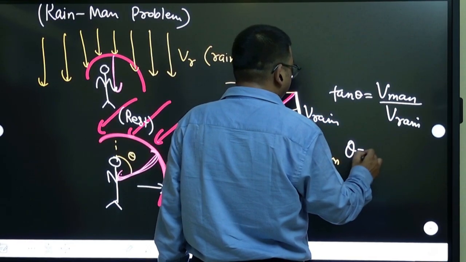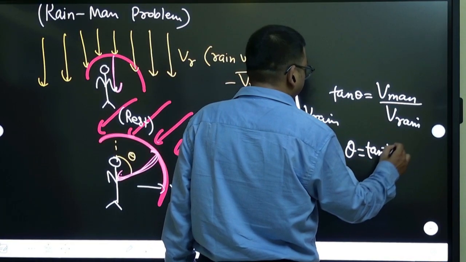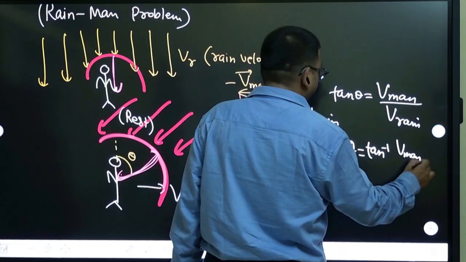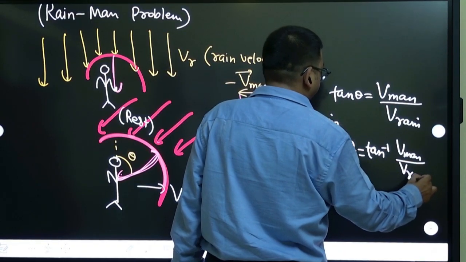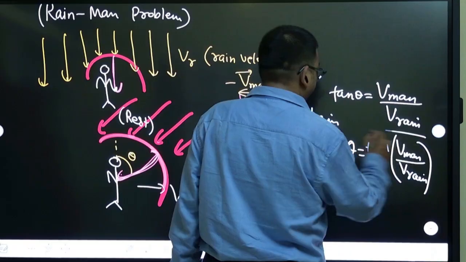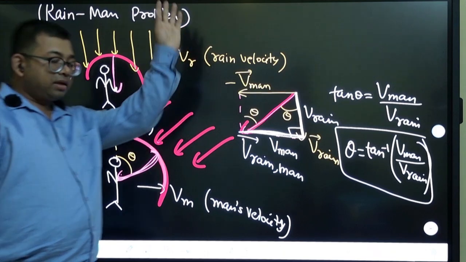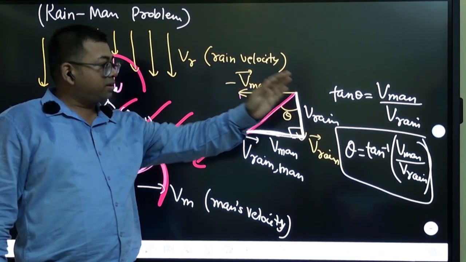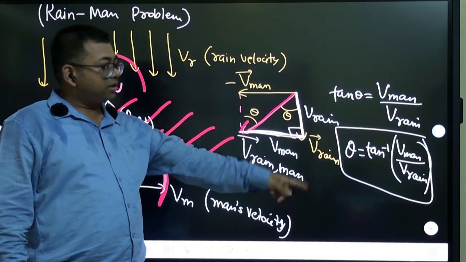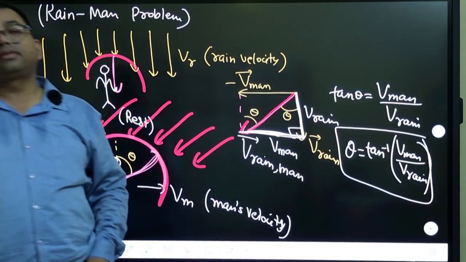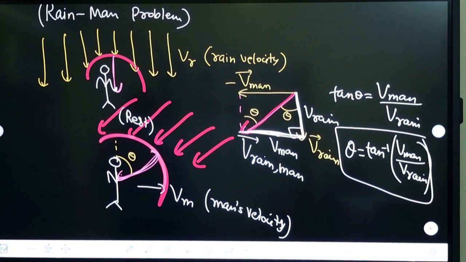So theta can be calculated as tan inverse of velocity of man by velocity of rain. Clear? So he needs to hold the handle of the umbrella making angle theta with the vertical. This is the angle theta. Clear? Are you clear about this?